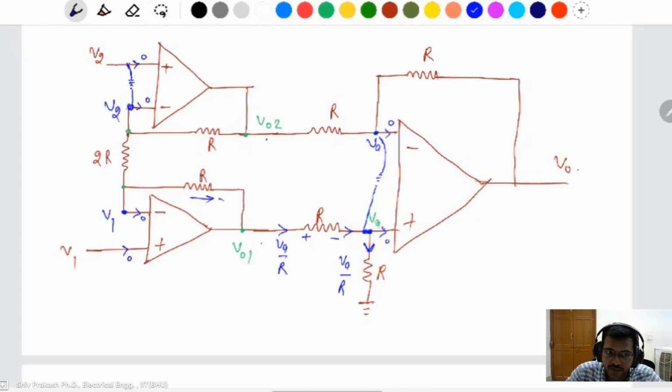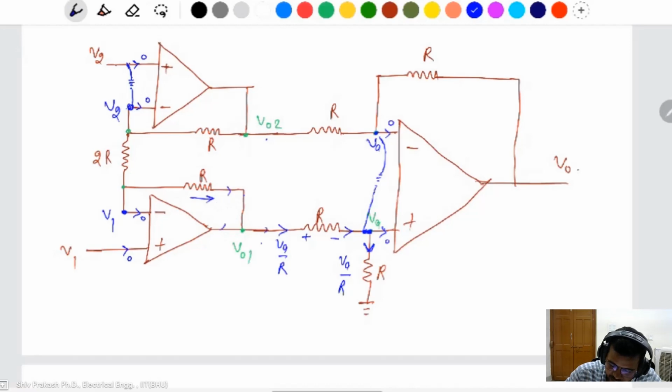This current will not be the same, because some of the current can flow here or can be supplied to the op-amp. That's why we can't say that this current and this current will be the same. Can't we take this one also?